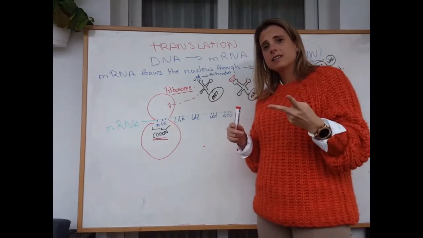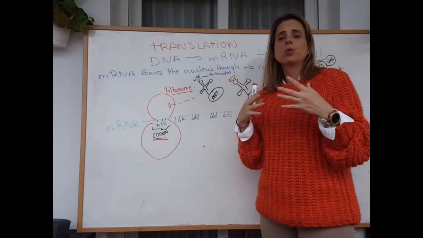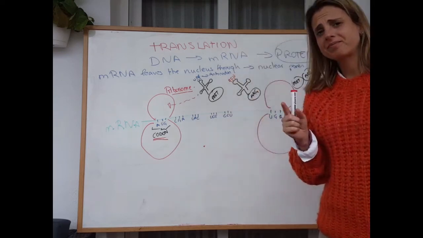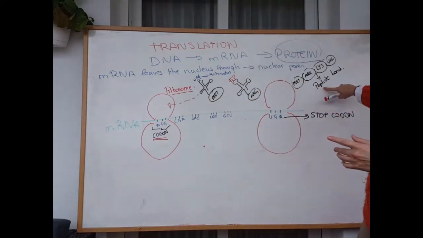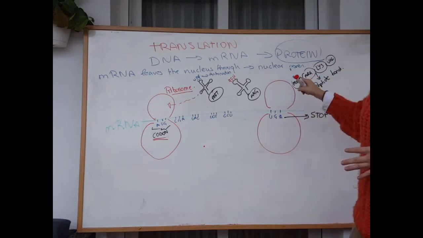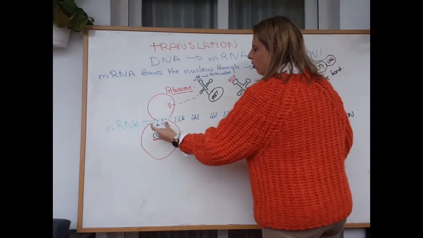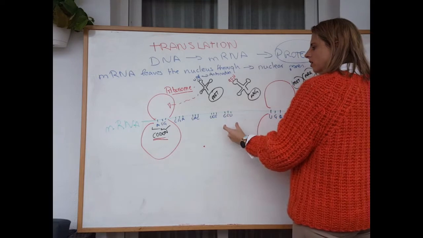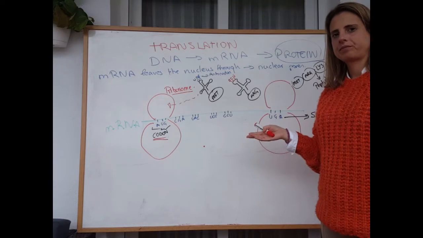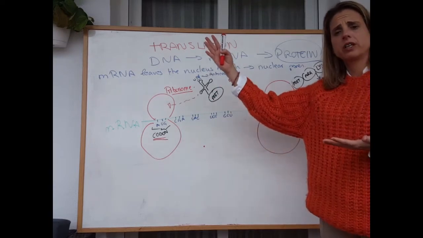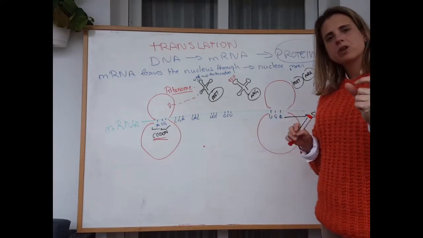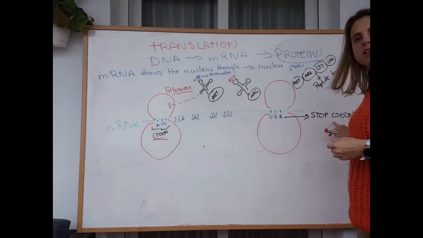These 2 amino acids are going to join through a specific bond that is specific for amino acids. This bond is called peptide bond, ¿vale? Enlace peptídico in Spanish. So we go through all the codons of the messenger RNA until we find something. Because a protein is not going to be eternal, right? You have to stop somewhere. For that, we have certain types of codons that are called stop codons.